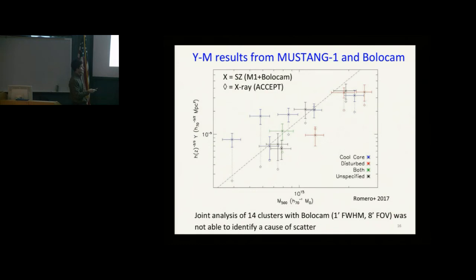Here I've color-coded by the dynamical state of the galaxy clusters, which were determined in the literature. This is a well-known sample, the CLASH sample. In the end, I'd say we came up empty-handed. We don't see an apparent correlation between substructure and scatter in the YM relation.